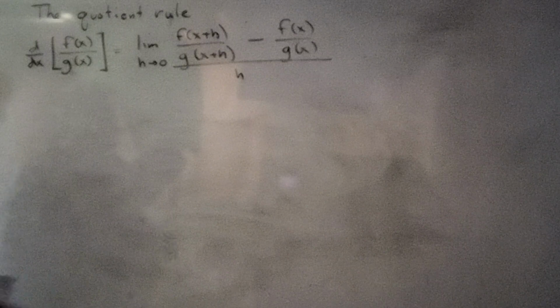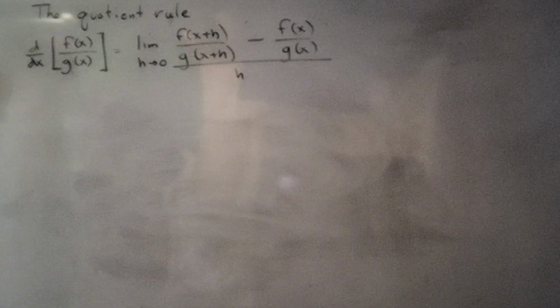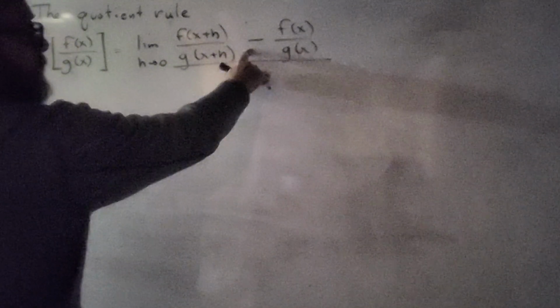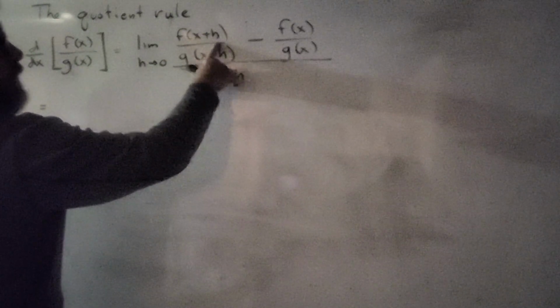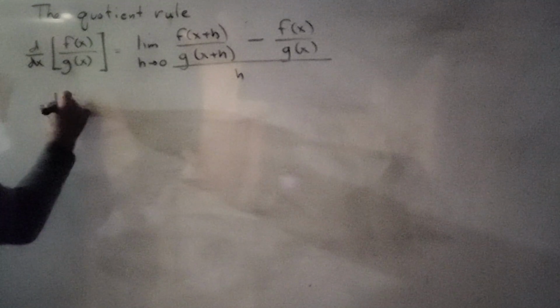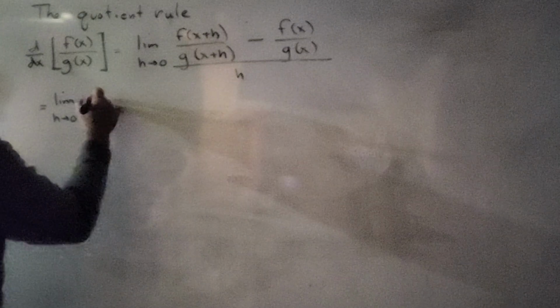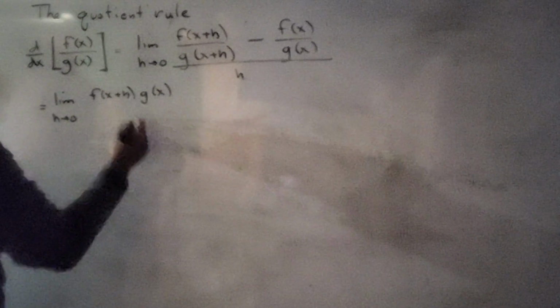So in order to do this, what I need to do is simplify. We're going to add 0 to this to create the difference quotients that I'm actually looking for. So what I'm first going to do is get common denominators for the numerator. So I'm going to multiply this fraction by g of x. I'm going to multiply this fraction by f of x. So this is going to be the limit as h goes to 0. This function times g of x is f of x plus h times g of x.